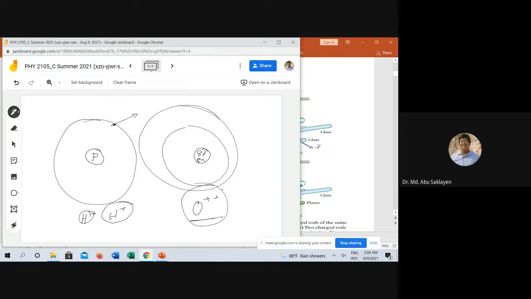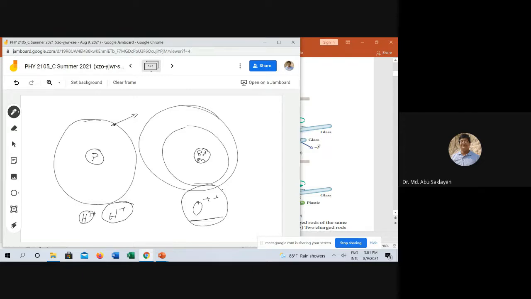On the other hand, when you rub a plastic rod with fur and bring it near the glass rod, they attract. During rubbing, the plastic rod gains electrons and is negatively charged. Unlike charges attract one another.